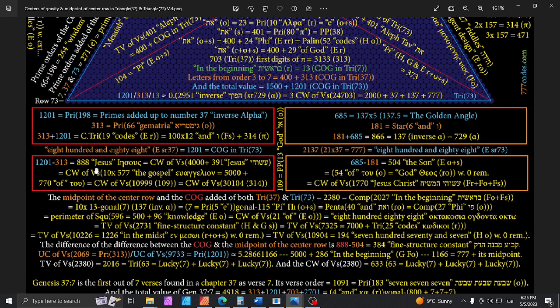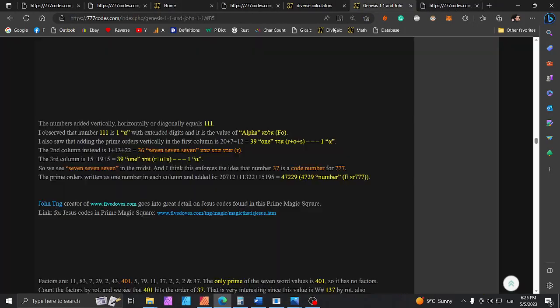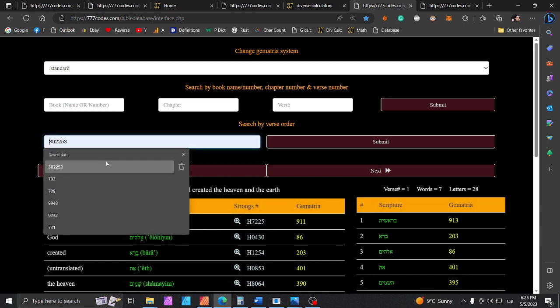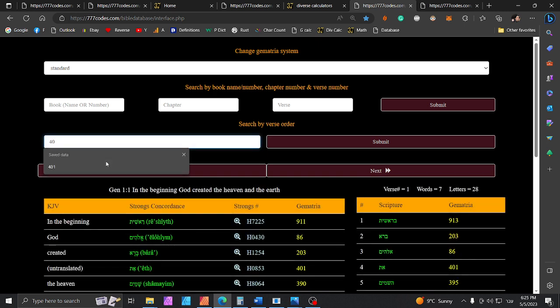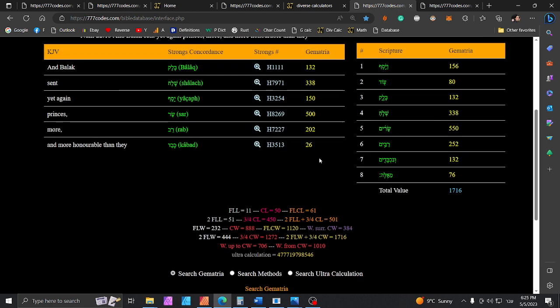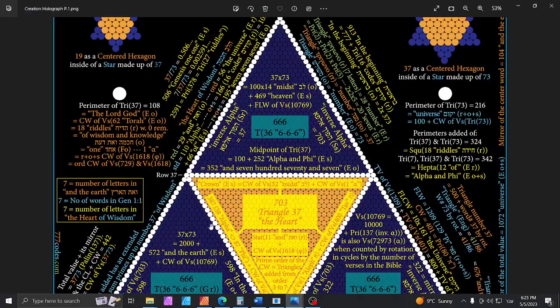And Jesus is the center word of verse number 4000 plus Jesus in the Bible. I will show you right now. If we go to verse number 4000 plus Jesus in Hebrew Standard, we will see the center word is 888. That is fantastic.